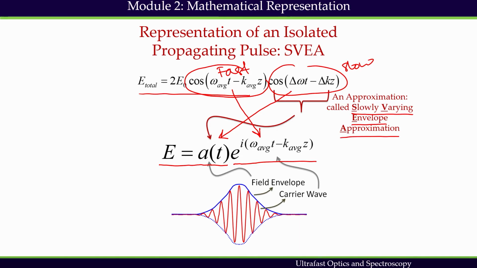This representation of an isolated propagating pulse is valid only when the period of the field envelope A(t)... So this is the field envelope A(t). It looks like a Gaussian function, so one can think of A(t) equals e to the power minus t square, a Gaussian function. That is possible.